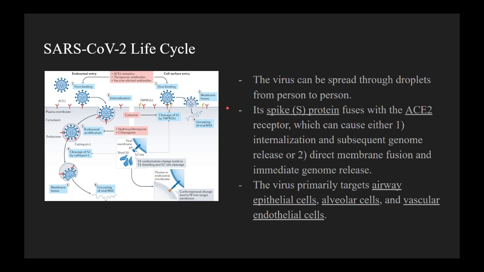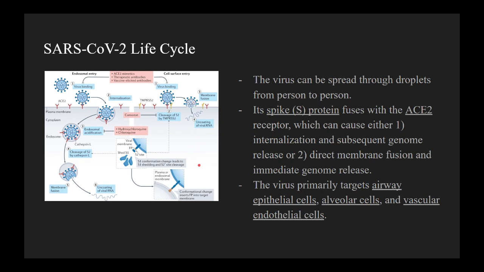As we know, the virus can be spread through droplets from person to person, through sneezing, coughing, breathing, etc. It enters host cells when its spike protein, or S protein, fuses with the ACE2 receptor. It can first be internalized within an endosome, a lipid bubble within the cell, and then the genome is released, or it can directly fuse with the membrane and release its genome immediately.